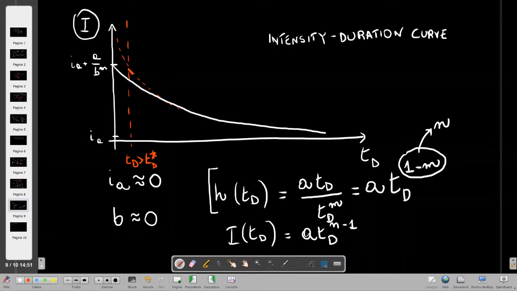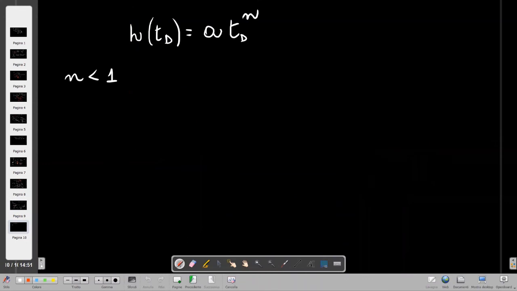So here we can see that this relationship must describe that the average intensity decreases as the duration of the event increases. Then in this case, we can try to write the average intensity, that is this one.